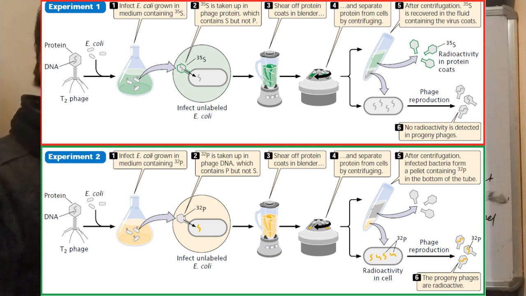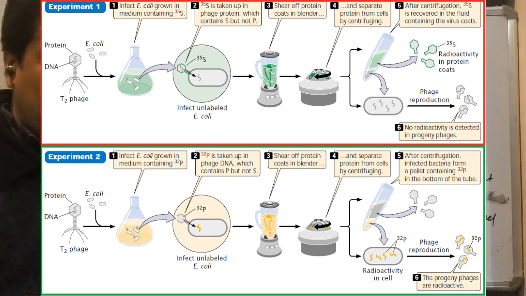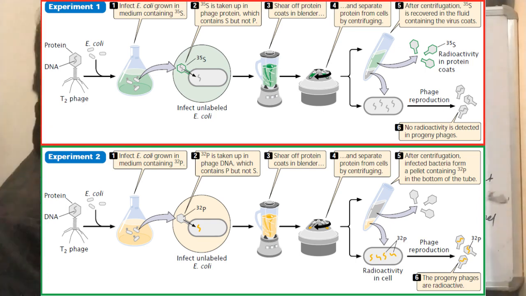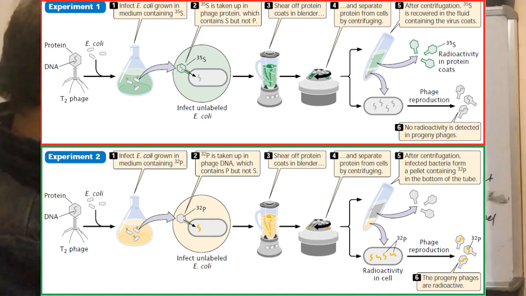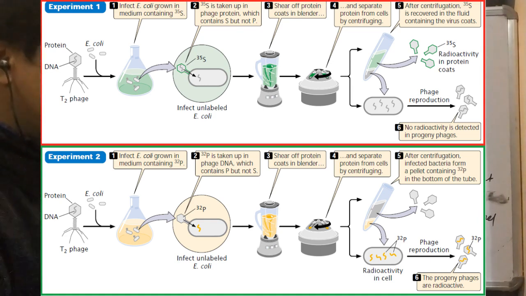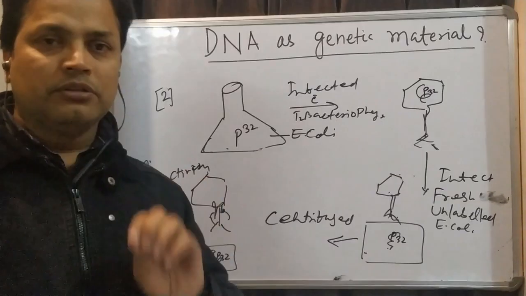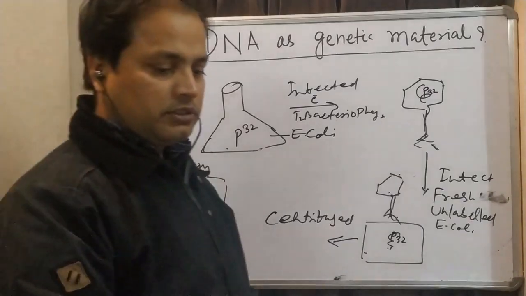So bacteriophage transfers only DNA, which means DNA is having radioactivity, and the genetic material which is transferred to the bacteria is DNA which contains phosphorus 32. So by this experiment, it is clearly explained that DNA is the genetic material, not the protein. Hope you have understood it.